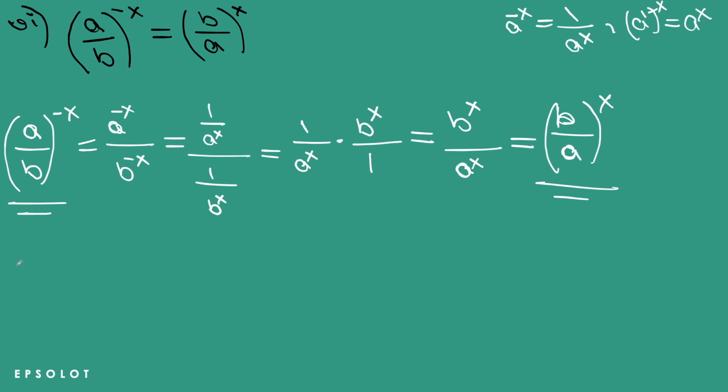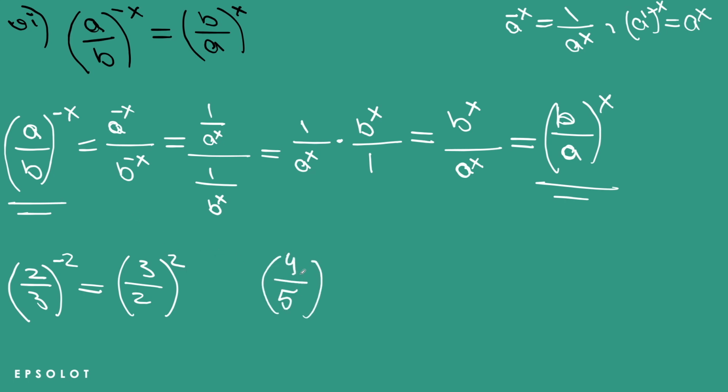In simple terms, if I had 2 over 3 to the power of minus 2, then I can actually just rewrite this as 3 over 2 to the power of 2. If I have 4 over 5 to the power of minus 3, then I can just rewrite this as the reciprocal, so 5 over 4, and then we can change this negative to a positive, and then you get 3.